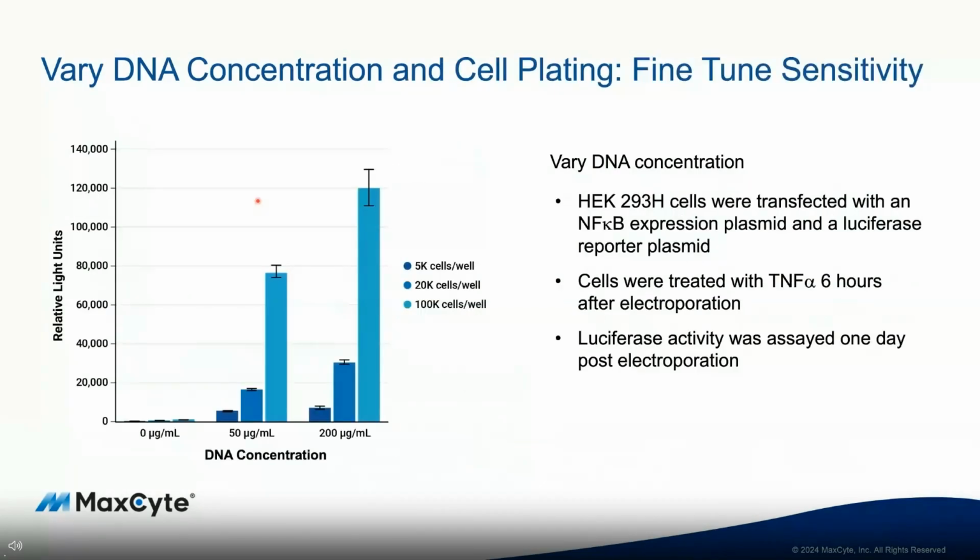And in terms of varying the DNA concentration in combination with cell plating, this is an example of HEK293H cells where you transfect with an NF-kappa B expression plasmid and a luciferase reporter. With a lower amount of DNA and higher amount of DNA, you're getting higher expression of luciferase with the higher DNA. And you can also add more cells for plating per well to increase that signal if necessary.